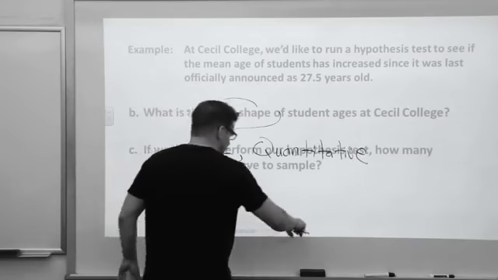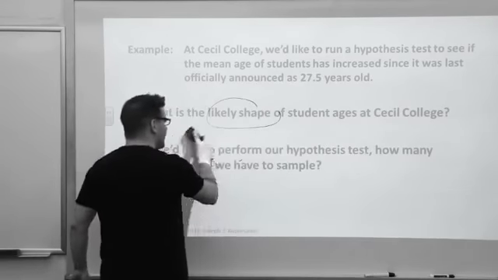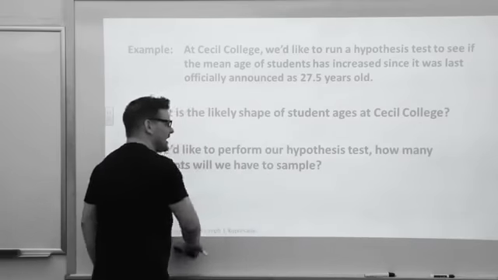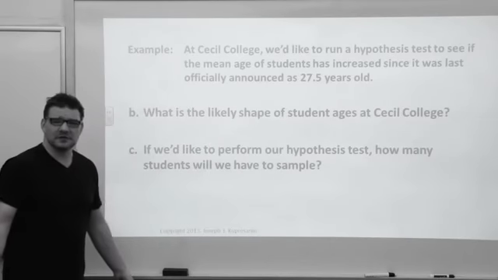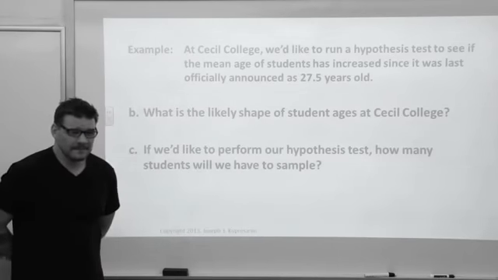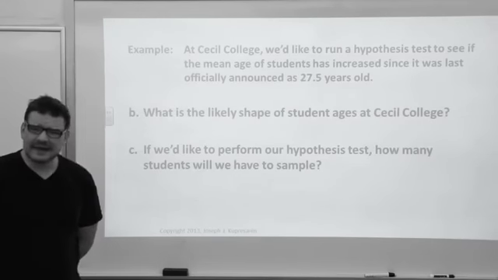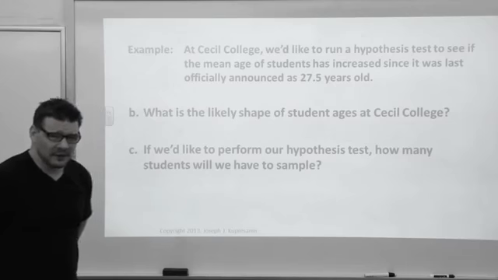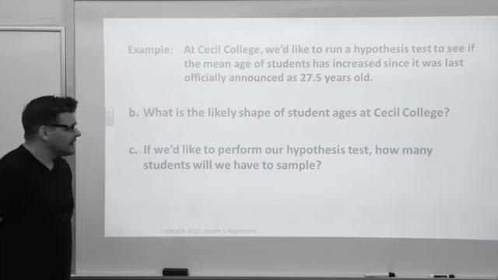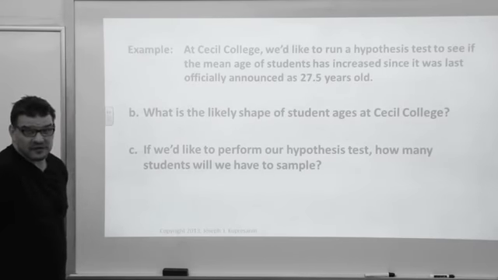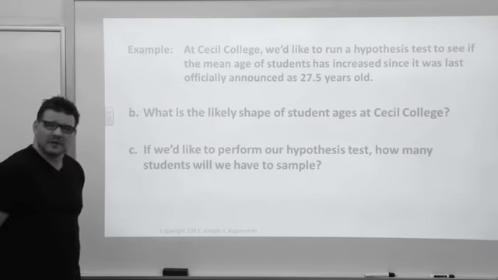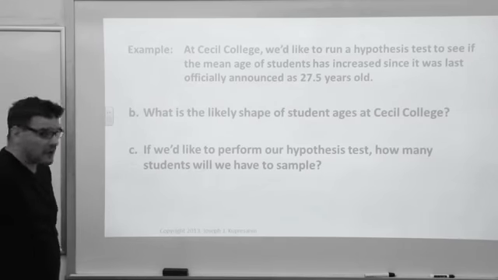Think about part B. What's the likely shape of the distribution of student ages? You look around the hallways, and what do you see? A lot of 18-year-olds, a lot of 19-year-olds, a lot of 20-year-olds, and maybe a few less 21-year-olds, maybe go up to 30-year-olds, maybe even fewer, maybe go up to 38 years old, maybe fewer of those.